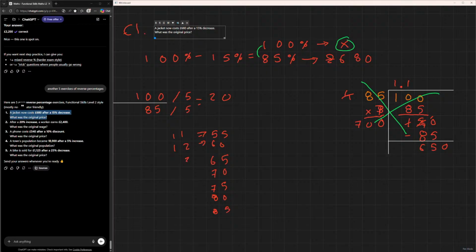So we need 3, 4, 5, 6, 7, 17. So this is going to be 17.